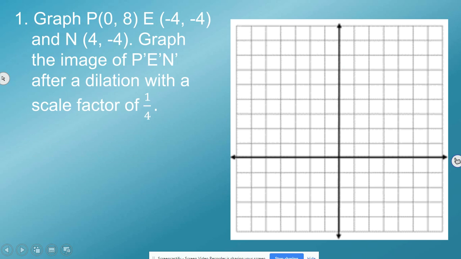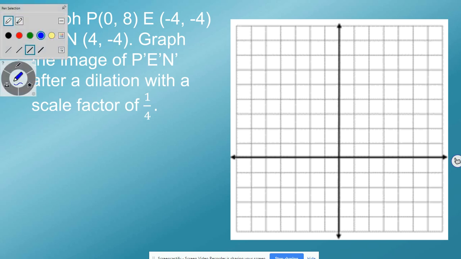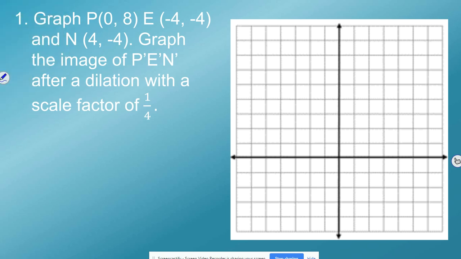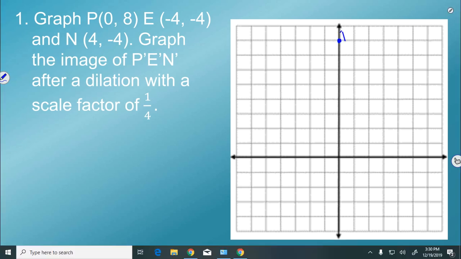All right, so we're going to start by graphing P(0, 8), E(-4, -4), and N(4, -4) on this coordinate plane. P(0, 8) is way up here, and we make sure we label that. Then E(-4, -4) is left 4 and down 4.